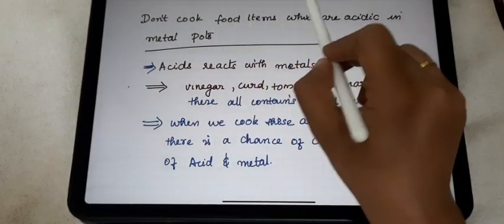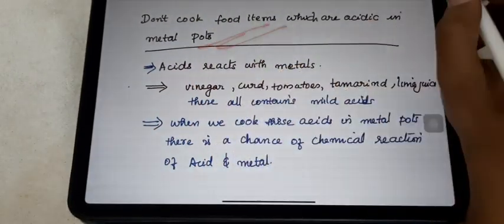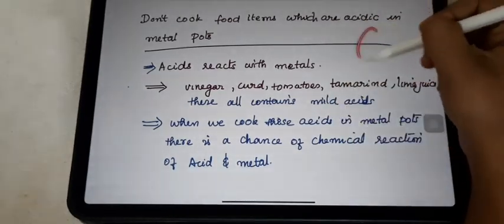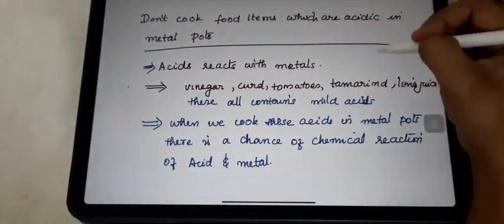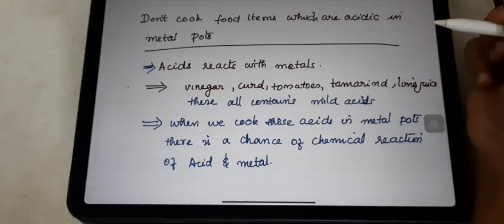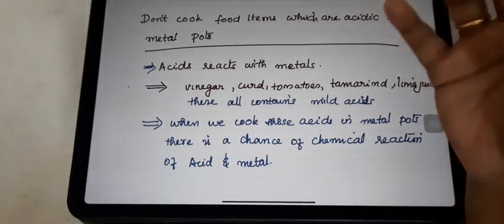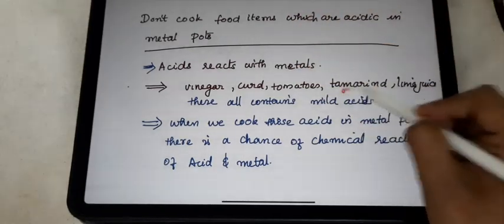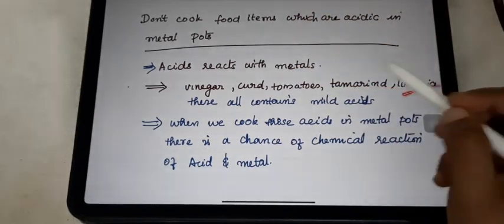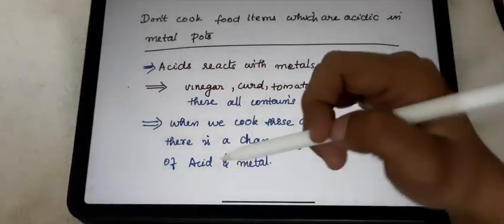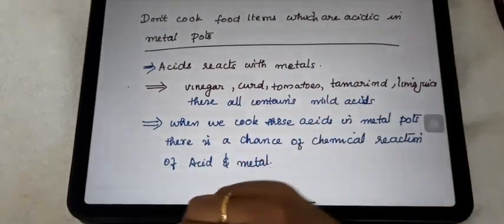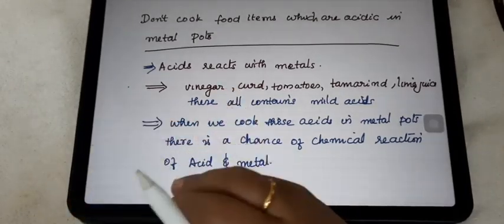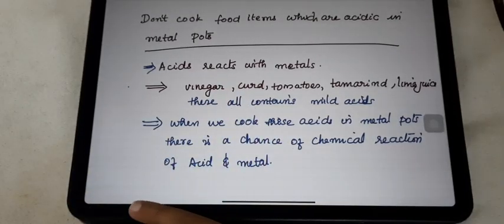Now we can discuss one important application of acids. Our grandparents usually say not to cook food items that have a sour taste, like when we add tamarind, lime juice or vinegar, in a metal vessel.